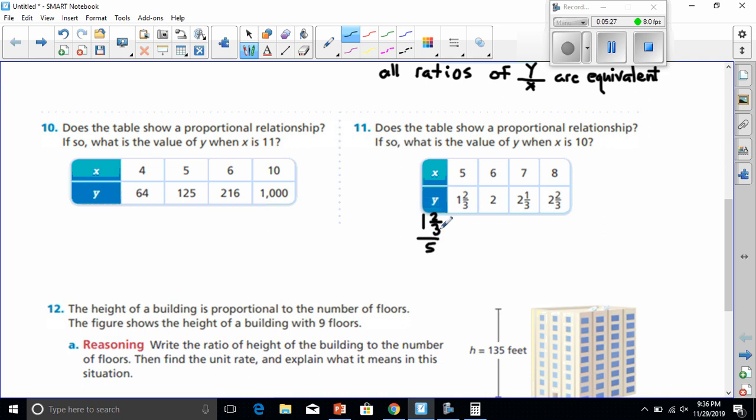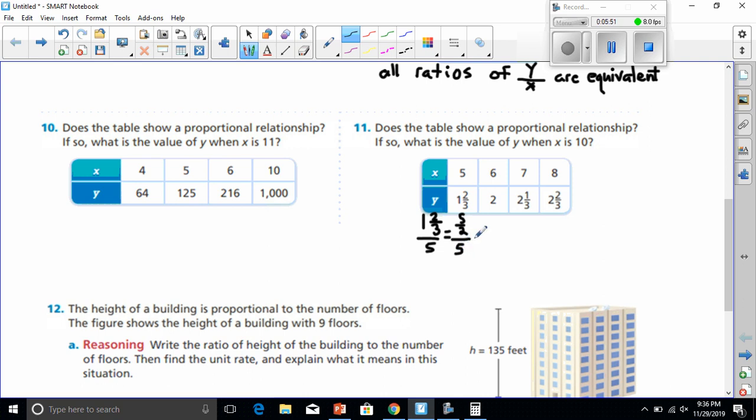Well, we have to turn this mixed number into an improper fraction, and 3 times 1 is 3, and 3 plus 2 is 5. So this would be 5 over 2, divided by 5.